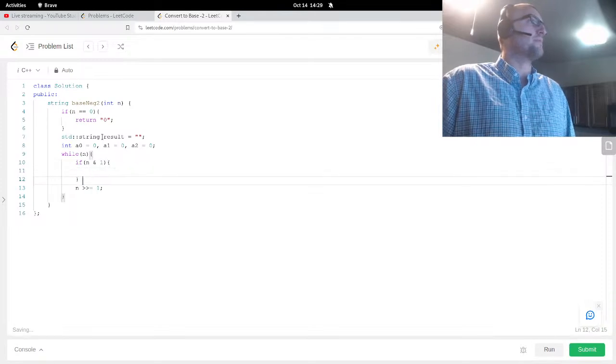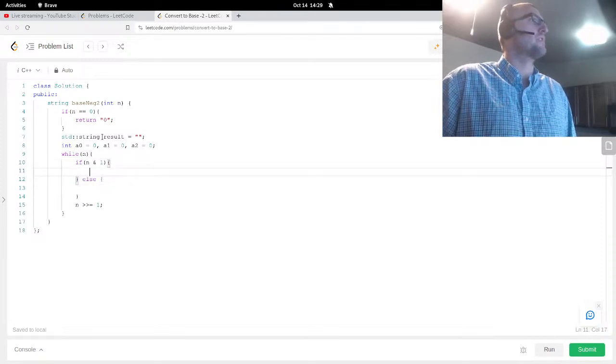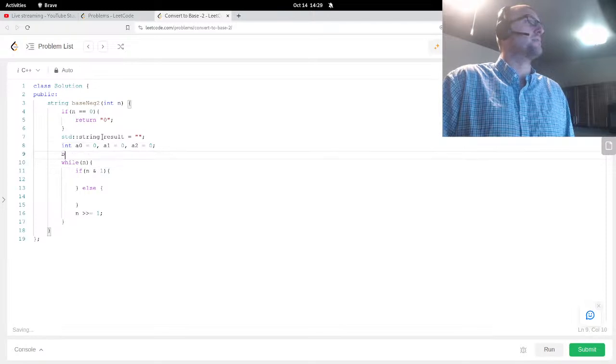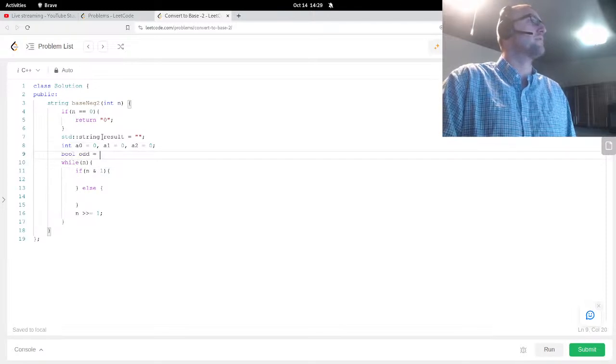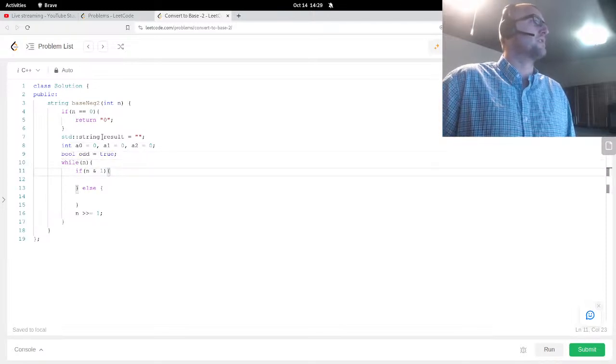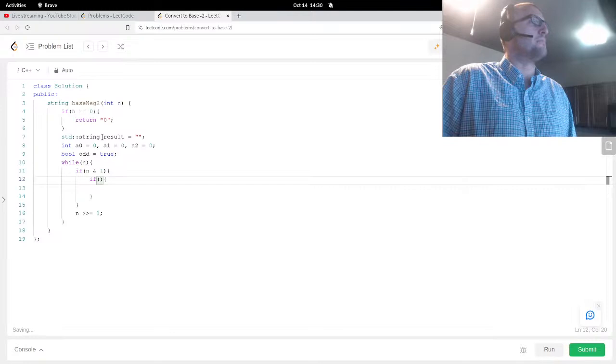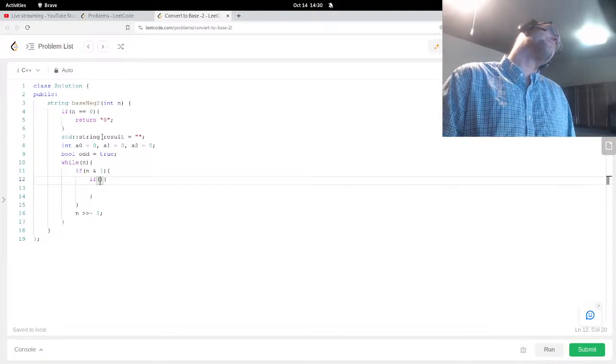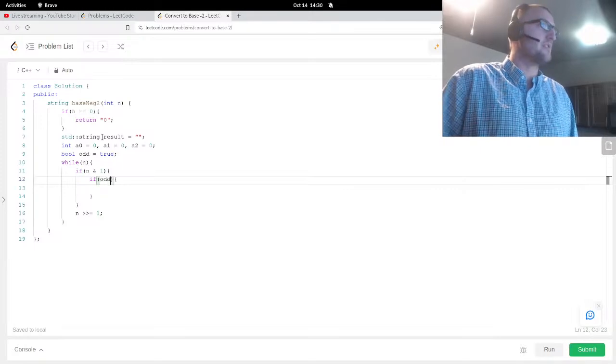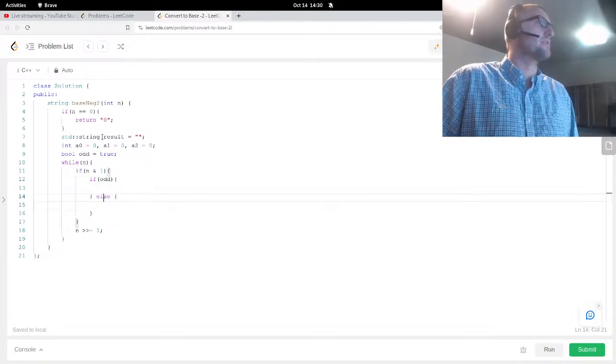And if else is going to have a toggle as well, it's true initially. Don't do anything if the bit's not set there. We're going to say if odd, we do one thing, otherwise do something else.